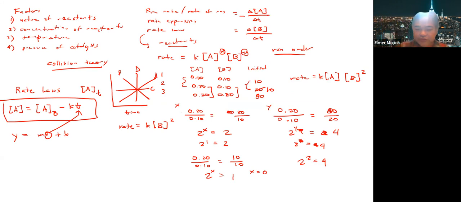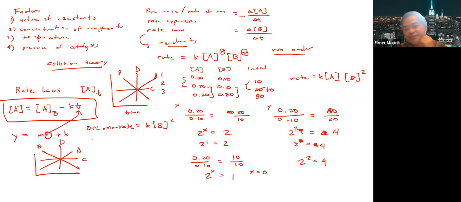So what does the graph look like when you have this? This is the zero order. Is it A, B, C, or D?